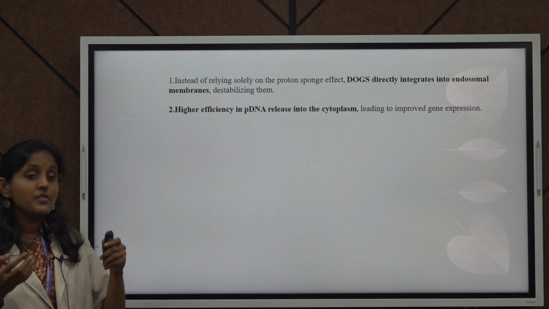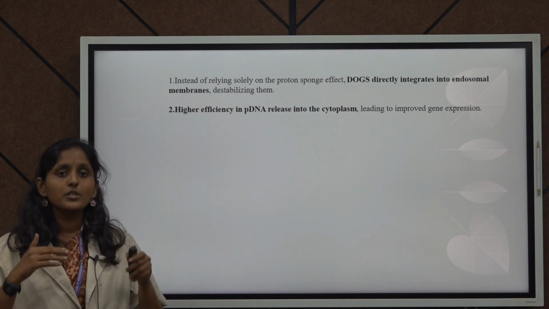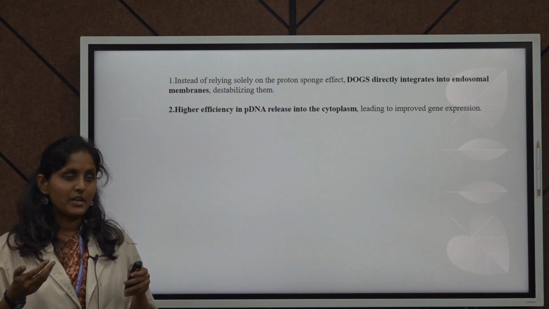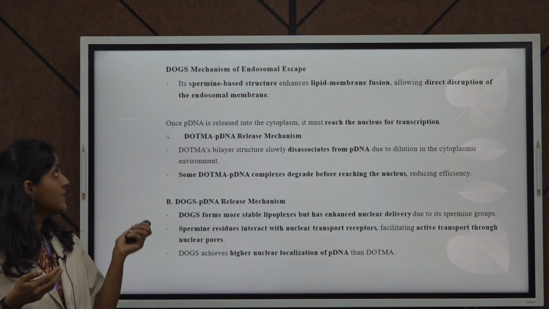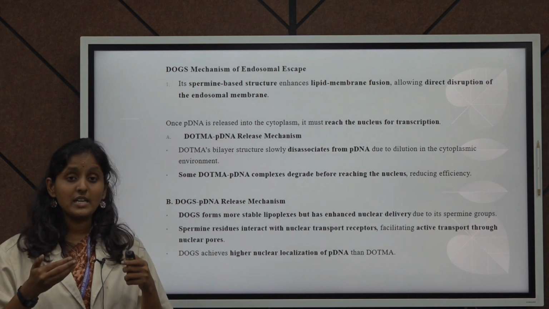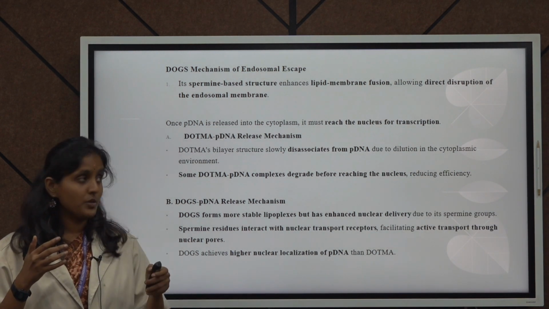Comparatively, DOGS is going to deliver the plasmid DNA in a more efficient manner. Once the plasmid DNA is released into the cytoplasm, it has to be delivered into the nucleus.